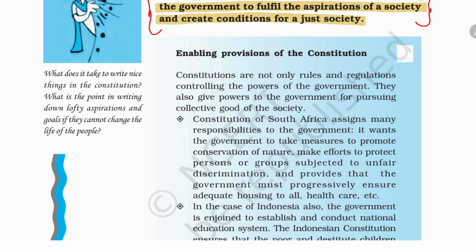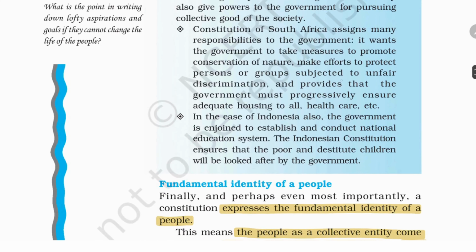It wants the government to take measures to promote conservation of nature, make efforts to protect persons or groups subjected to unfair discrimination, and provides that the government must progressively ensure adequate housing to all, healthcare, etc. In the case of Indonesia also, the government is enjoined to establish and conduct a national education system. The Indonesian constitution ensures that poor and destitute children will be looked after by the government.